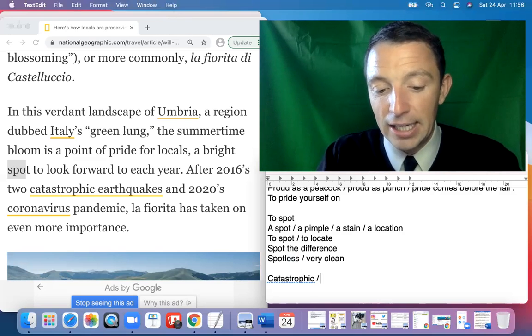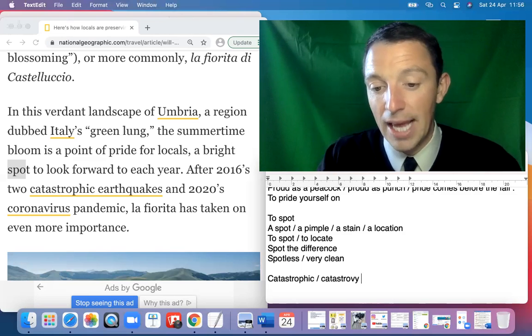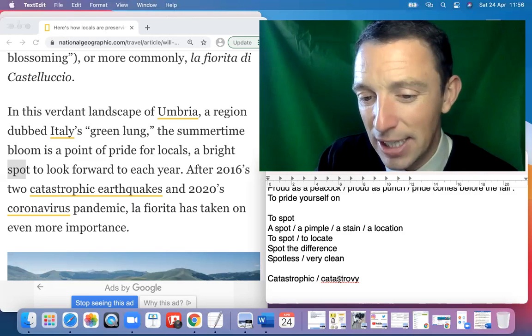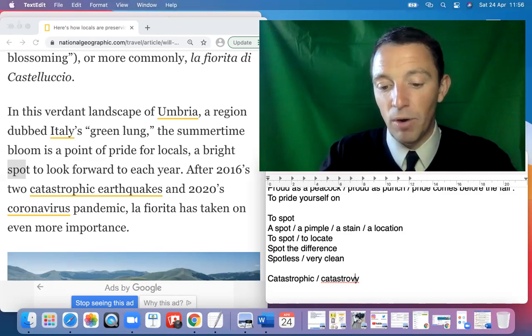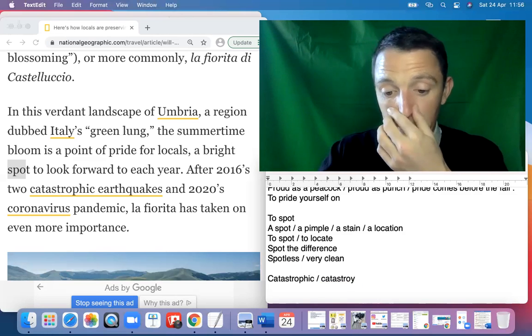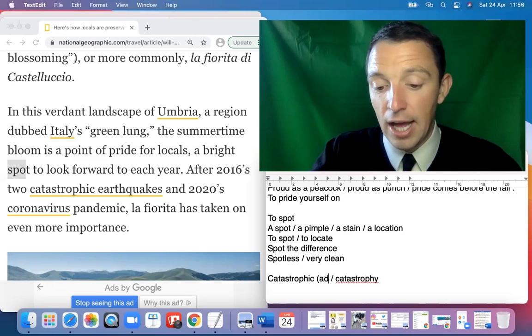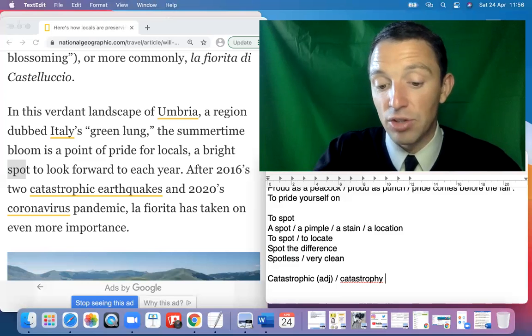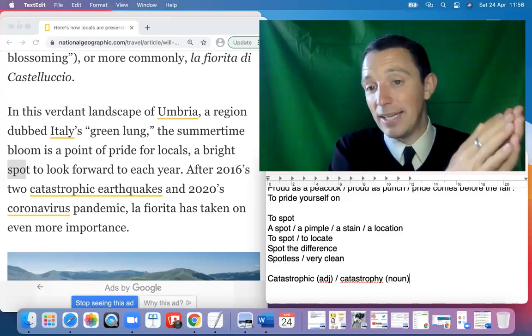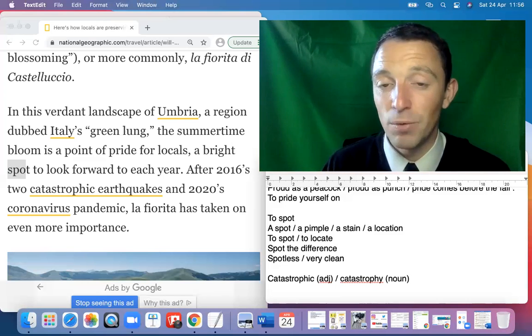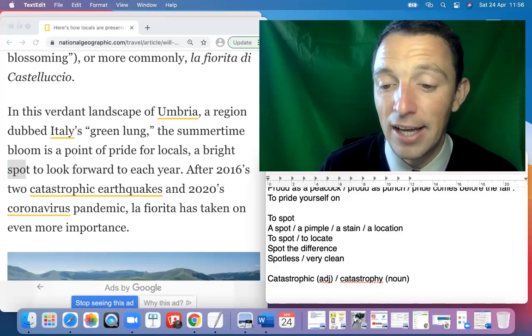Catastrophic, and then catastrophe is the noun, and I think the spelling is a bit different here. So let me check the spelling. Yeah, it's probably a Y or an F, catastrophe. Okay, so really, really good vocabulary. Catastrophic is the adjective and catastrophe is the noun. So for example, the pandemic, 2020, the year was a catastrophe. It was a disaster. It was chaos.